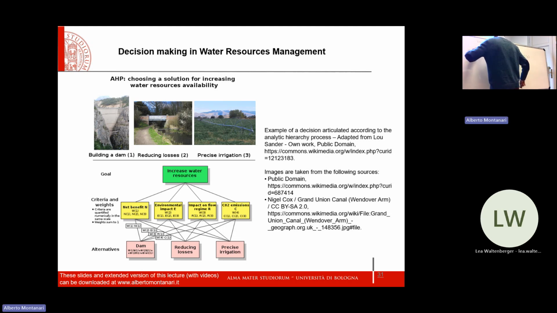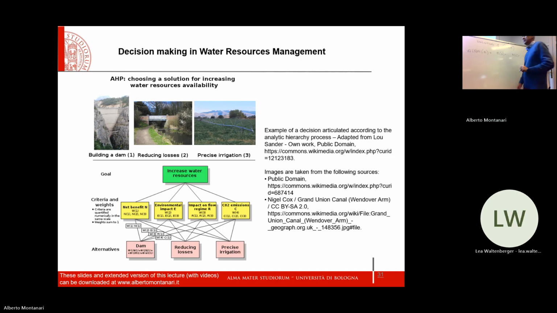Now, we have the weights of each criteria, and we multiply the weight W1 times the net benefit, plus W2, the second weight related to environmental impact, times the environmental impact of solution 1, plus W3 for impact on river flow, plus W4 for the CO2 emissions.